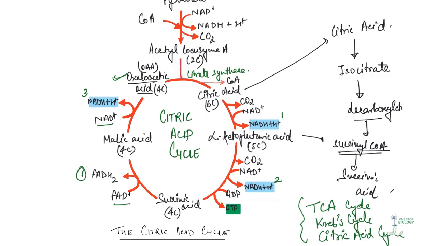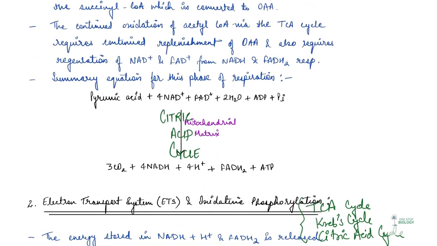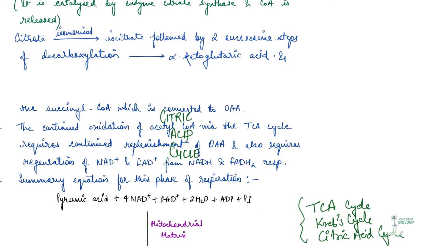So till now what we have seen, we'll just revise that once again. First we saw that glucose, let's write it here. Glucose is broken down to pyruvic acid.